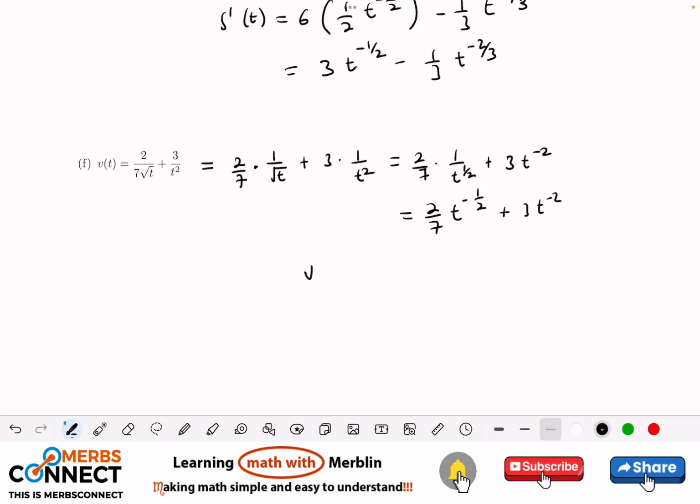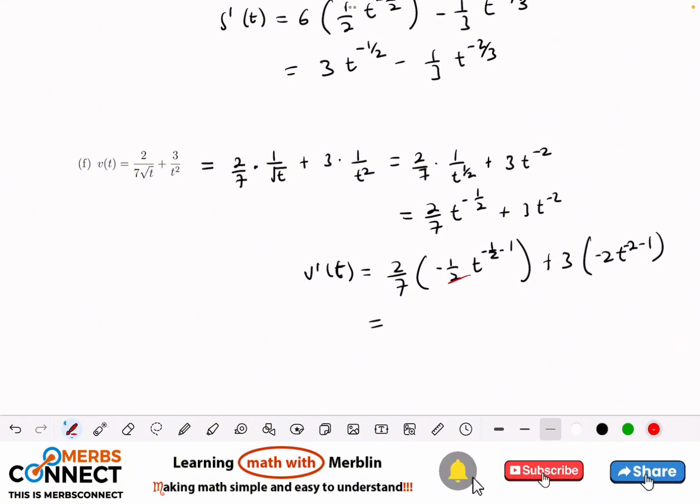So Vn prime of t now will be equal to 2 over 7, which is a constant, multiplying t to the power minus half. So now I apply the power rule: minus 1 over 2 down, then minus 1 over 2 minus 1, close the bracket, plus 3 out, minus 2 down, minus 2 minus 1. Now this 2 here will cancel this 2.